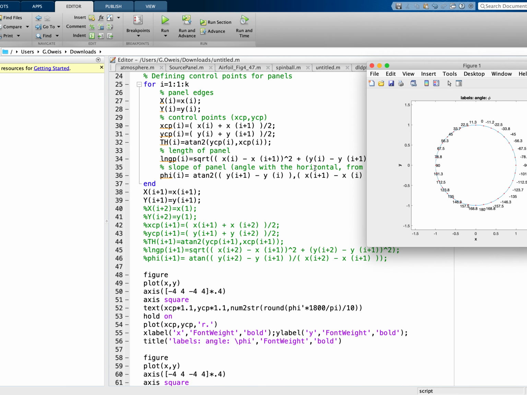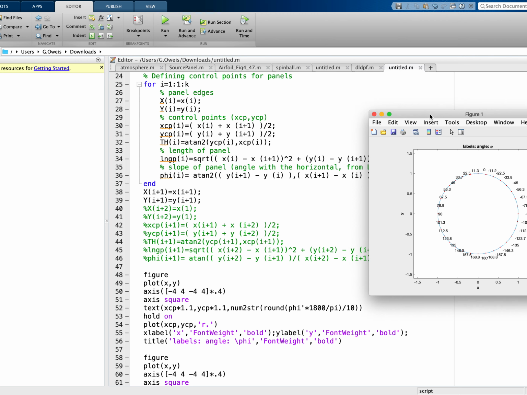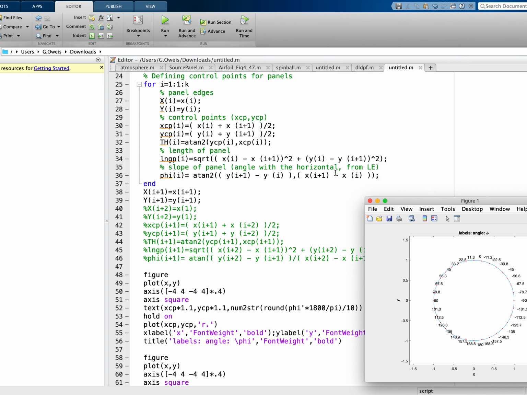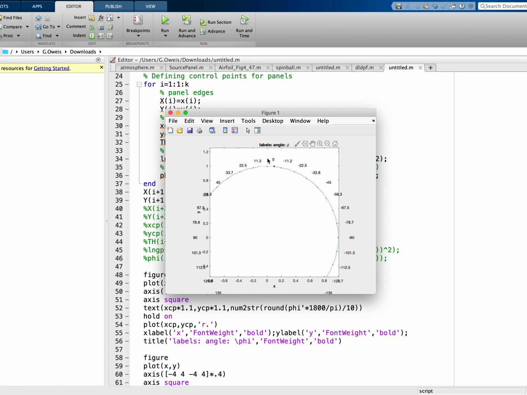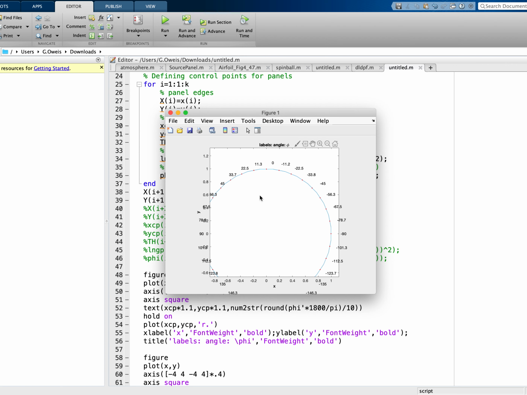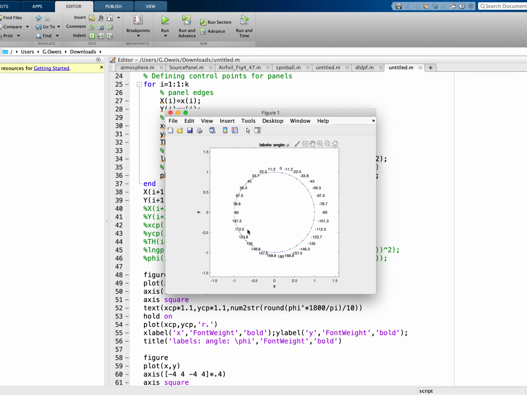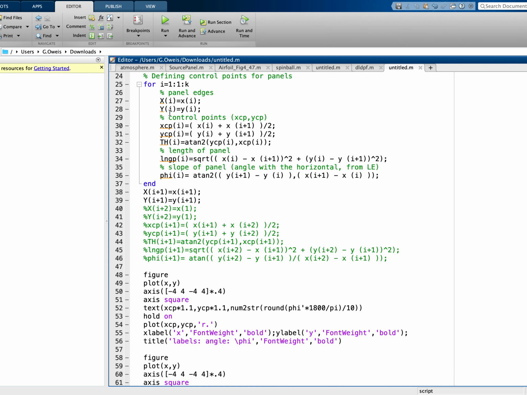It's the slope of the panel with the horizontal, and the free stream is horizontal too. You'll see that this panel is 0 degrees, and the panel at the front is 90, so it's all making sense. So that is the source panel code that we have.